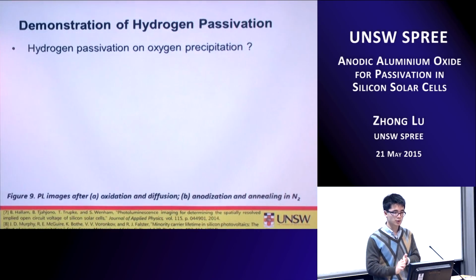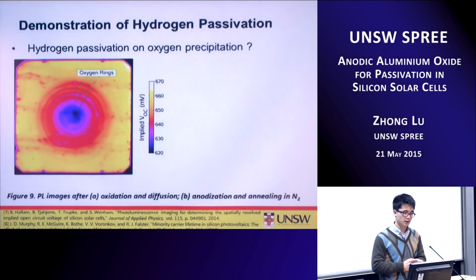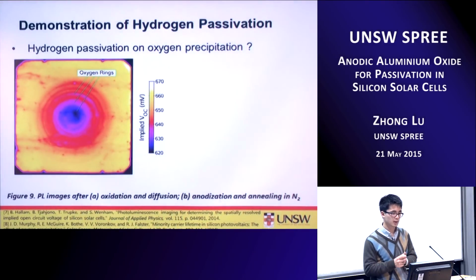So about hydrogen passivation. Doris has done some work on AO incorporation of hydrogen, and she showed that during anodization you actually incorporate hydrogen into the film, and it has the potential to passivate the bulk defects. This is work published by Brett.